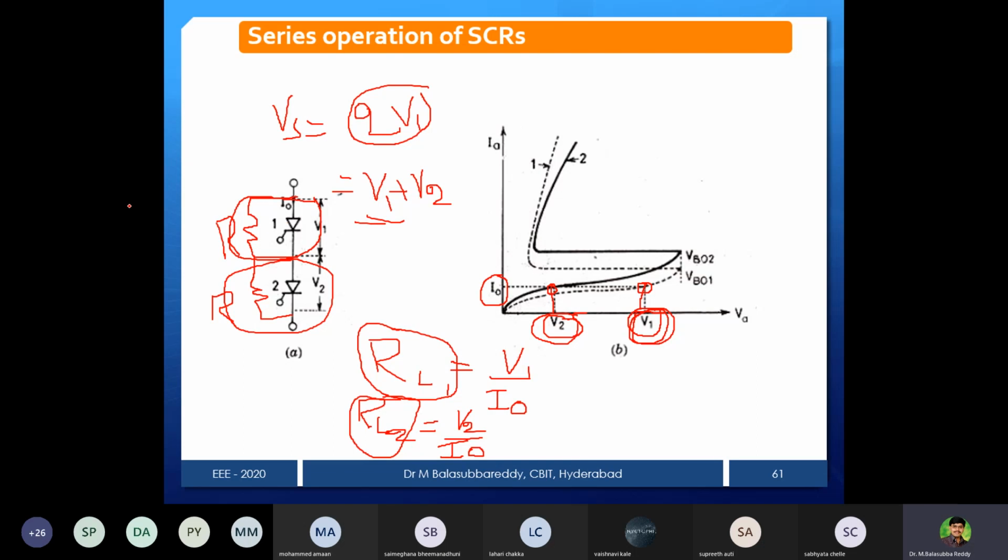So how do we make it the same? Because this is one value and this is another value of resistance. To make it the same, we need to connect a resistor whose parallel combination is the same as the other parallel combination, and so on. So I have to connect one resistor in parallel to make this branch's parallel resistance the same as the other. So across each SCR you need to connect one resistor in parallel, with different values.